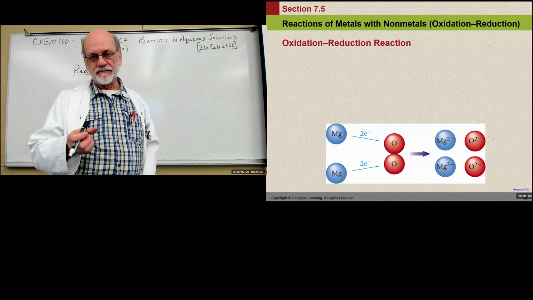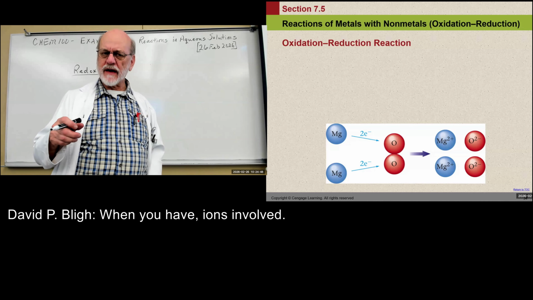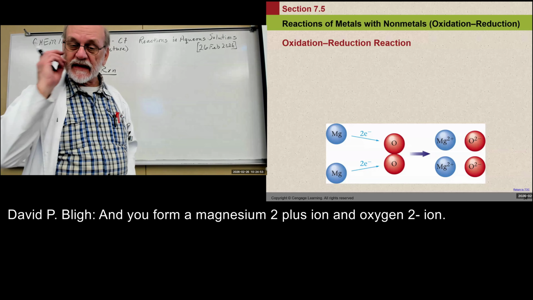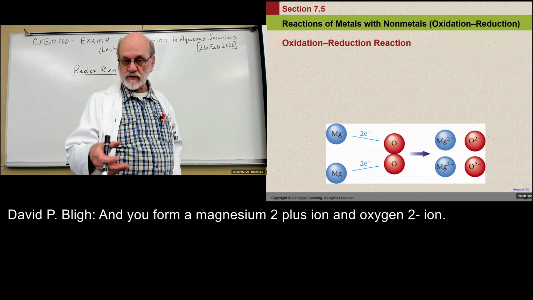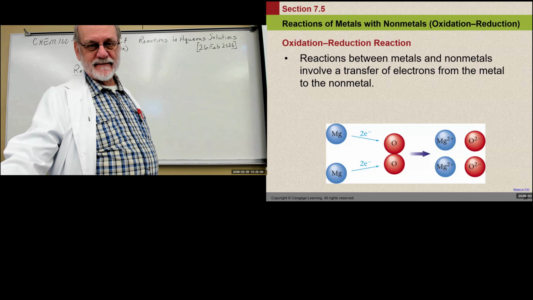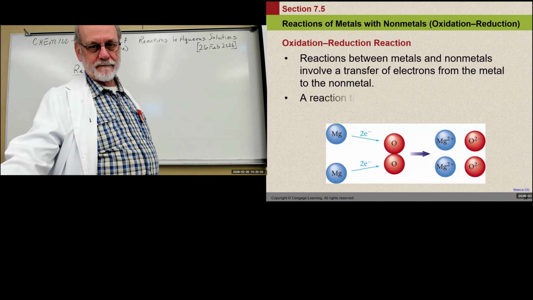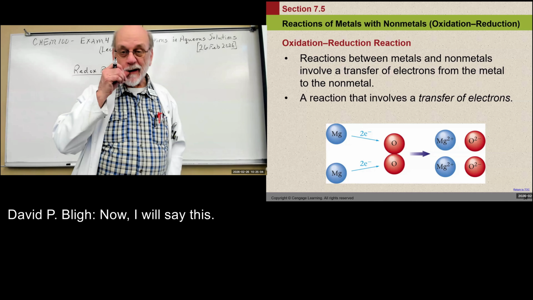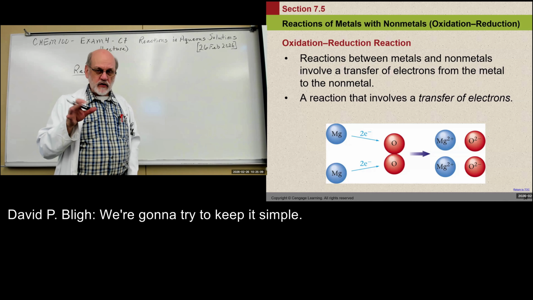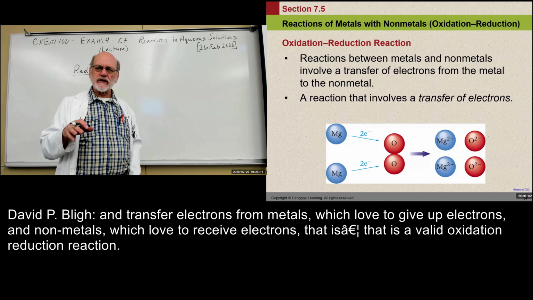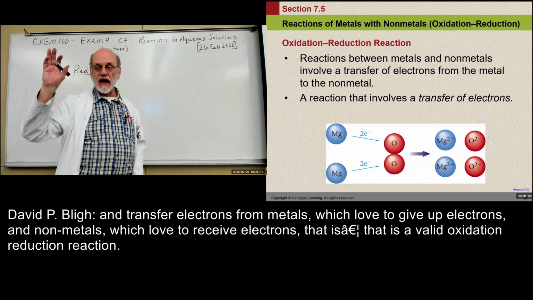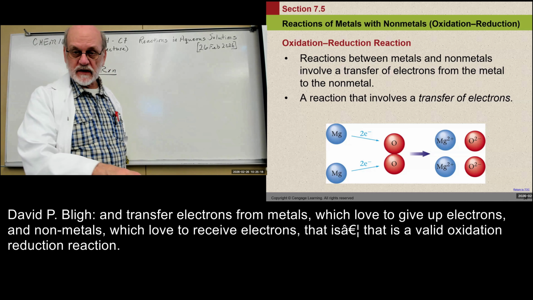That's always the case when you have ions involved. And you form a magnesium 2 plus ion and oxygen 2 minus ion. Now, I will say this. We're going to try to keep it simple and transfer electrons from metals, which love to give up electrons, and nonmetals, which love to receive electrons.